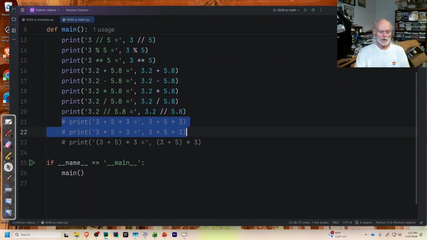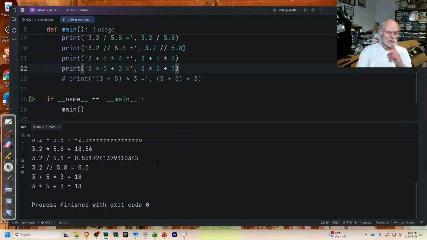Now, I've also got a couple more that we're going to look at. Here I've got 3 plus 5 times 3 and 3 times 5 plus 3. When I run those, I get 18. The order of operations is important, and multiplication and division are always done before addition and subtraction.